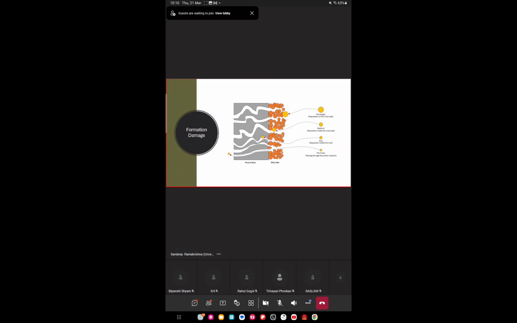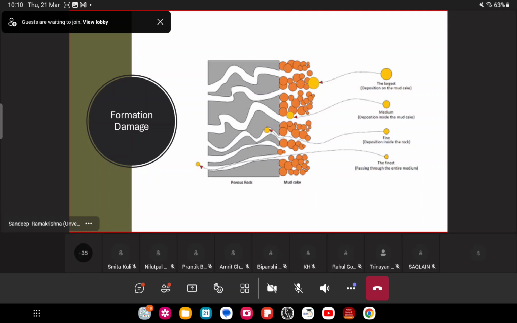If you recall from your reservoir engineering class, we constantly strive to somehow clean out that positive skin to enhance or enable higher production. And that's kind of where the skin comes from.